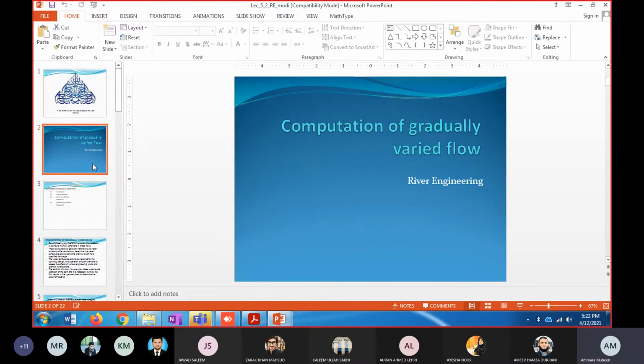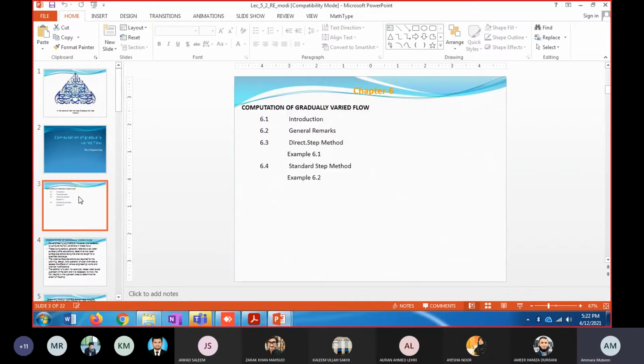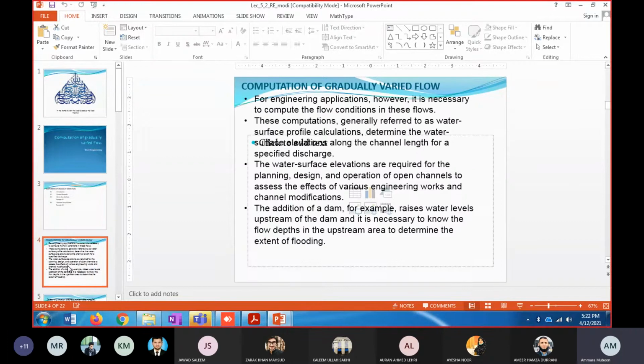The title of that chapter is Computation of Gradually Varied Flow. The topics we shall be discussing in this chapter are as flashed.